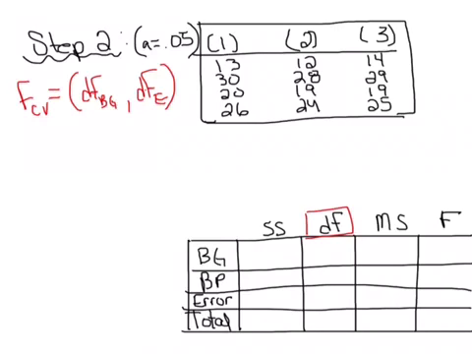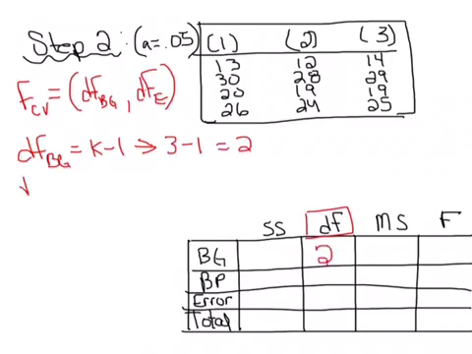Degrees of freedom for between groups is k minus 1. We have 3 groups, so k is 3, minus 1, which equals 2. So we can plug that in.